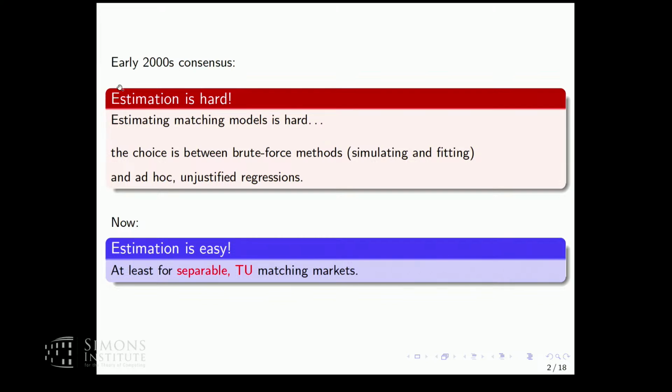And once you make an assumption on the way unobserved heterogeneity, which is the econometrician term for stuff you do not observe, but that the agents observe in the market when they make their decision, enters. So just think of them as error terms. We have to restrict the form that they take in the generation of utilities, and then you get things that are really easy to do.